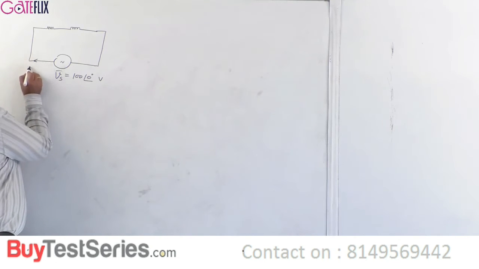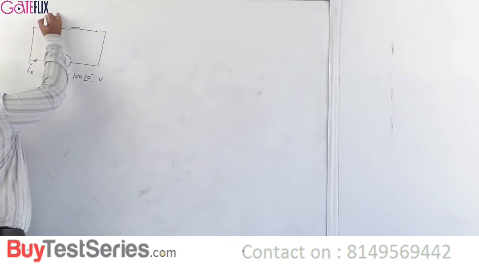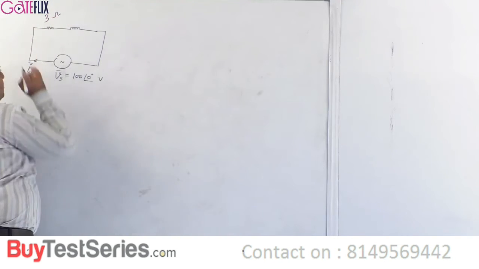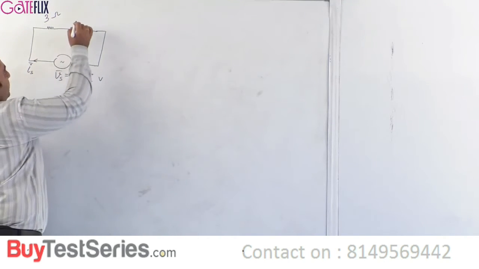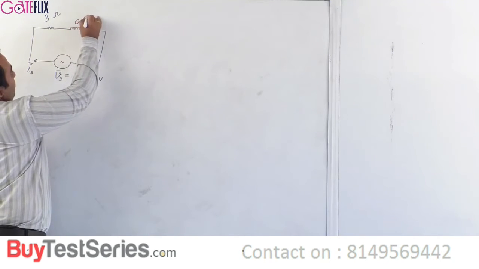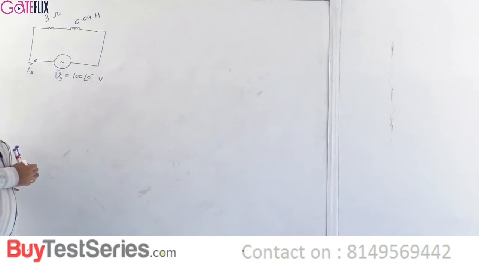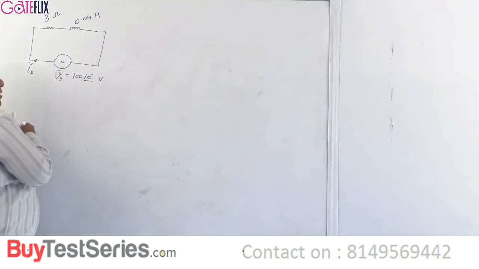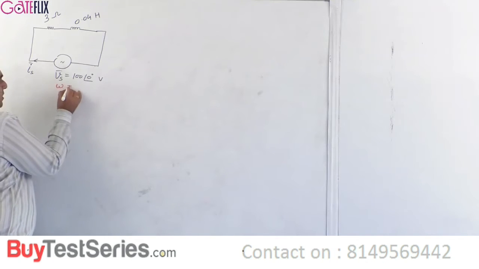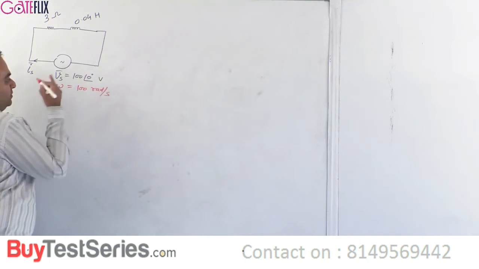This is the current IS. The S subscript here represents the source voltage and the source current. This is, say, a resistance of 3 ohms, and this is, say, 0.04 Henry. Say the angular frequency of this source is 100 radians per second.